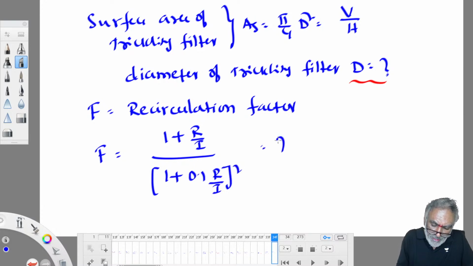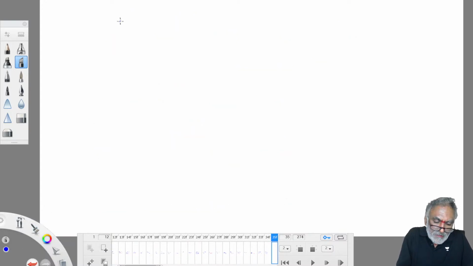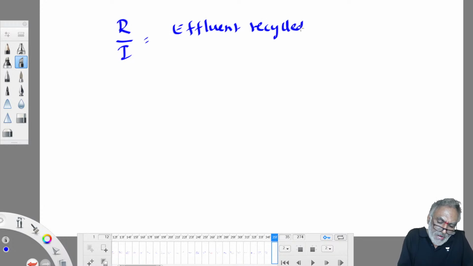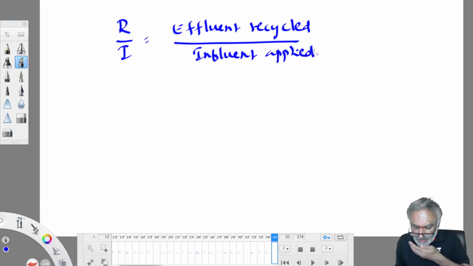So from this equation you can find out F. In this equation R/I is known as recirculation ratio, which is nothing but effluent recycled to influent applied. Effluent recycled back to process: the flow rate of effluent recycled back to process divided by the flow rate of influent applied. That is taken as R/I.